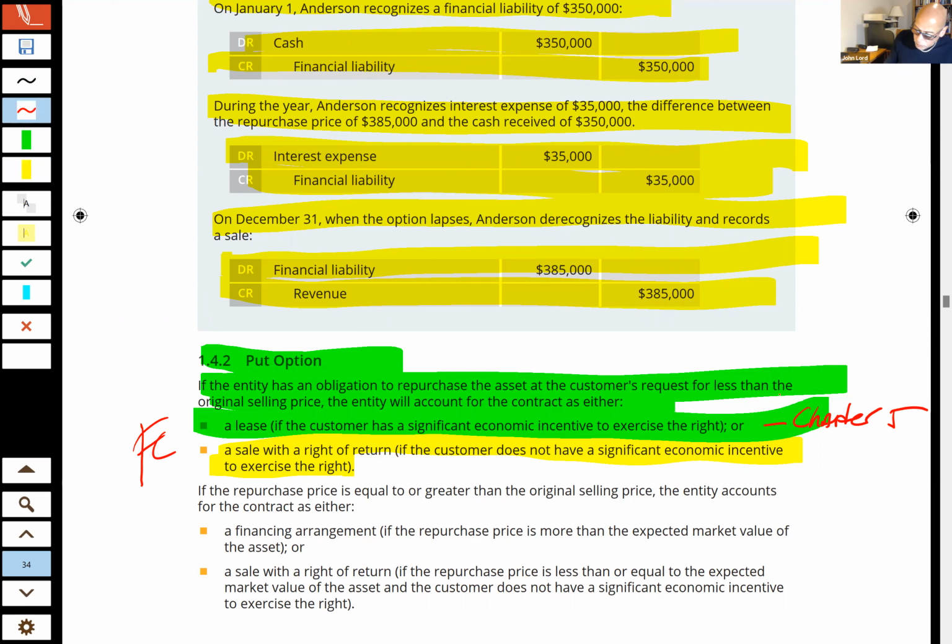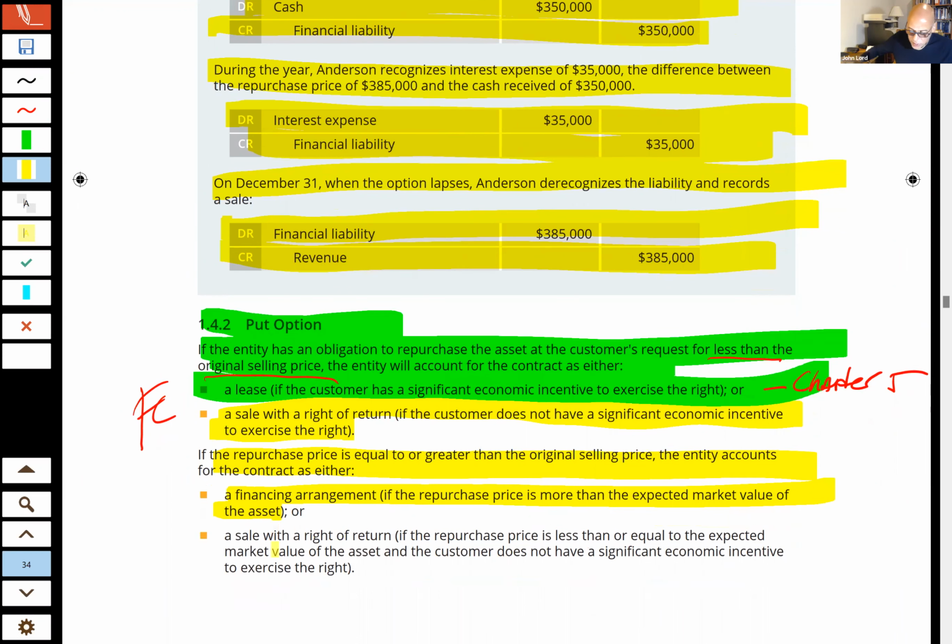Now, if it's for more than the original selling price, greater than or equal to, it's going to be a financing agreement if the repurchase price is more than the expected value of the asset, which is the same thing we said a minute ago when we were talking about a forward or call option. A sale with right to return, which we've already said.